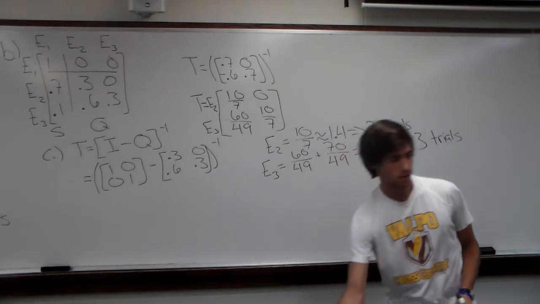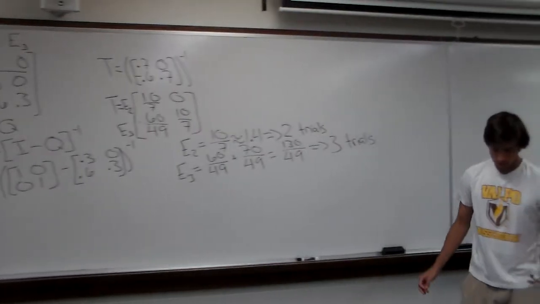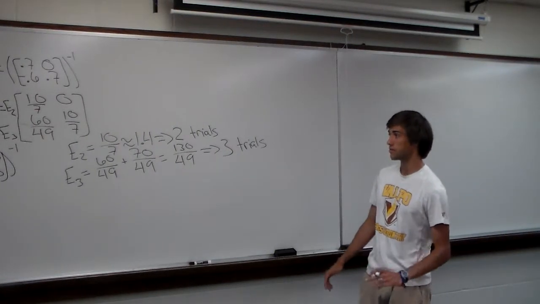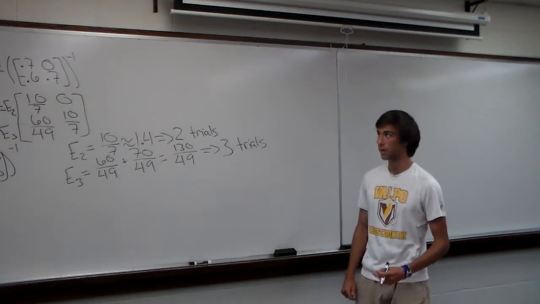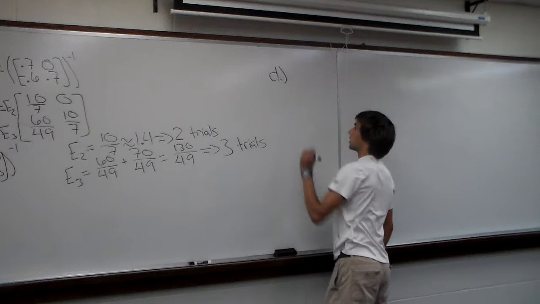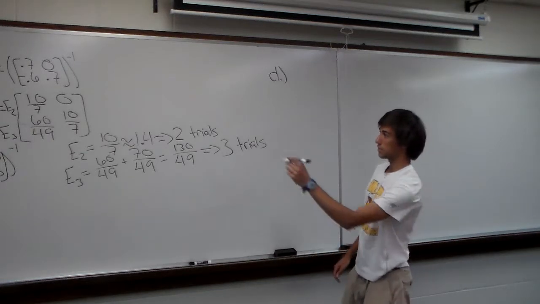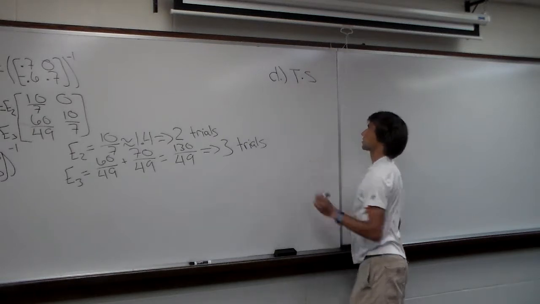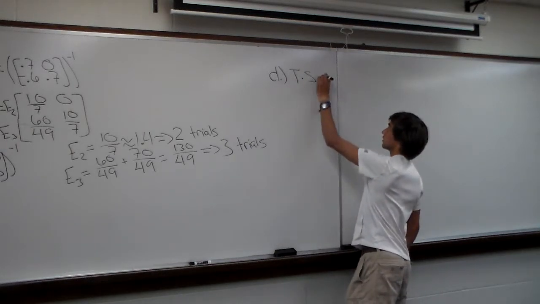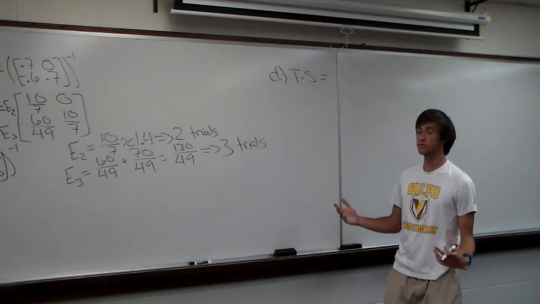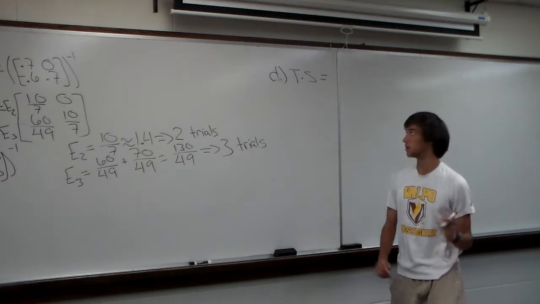Finally, for part D, we want to know the probability that you would end up getting an A given that you started out by getting an F. To do that, we take matrix T, which we found over there, times matrix S. T times S will tell us the probability of starting in one state and getting to the absorbing state.